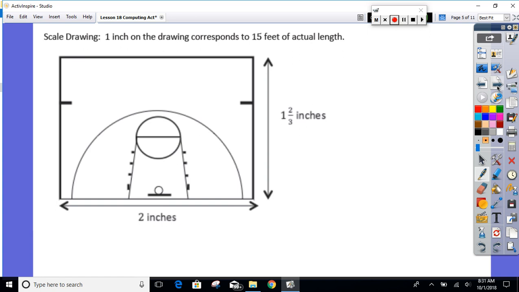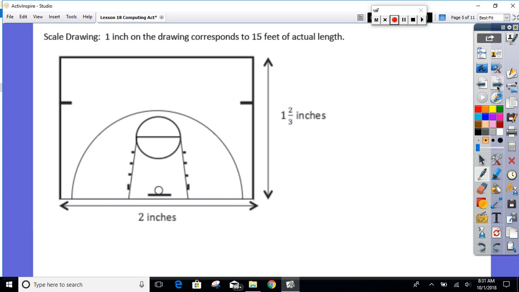So we can use a scale ratio, which is not the same as a scale factor. A scale ratio is when we keep the units that are given to us and we just figure it out with those numbers rather than making conversion. The advantage to doing that is when we make conversions, sometimes the numbers are very large and they're just difficult to work with. So if we leave our units, we can still come up with a ratio using those units. So that's what we're going to do.